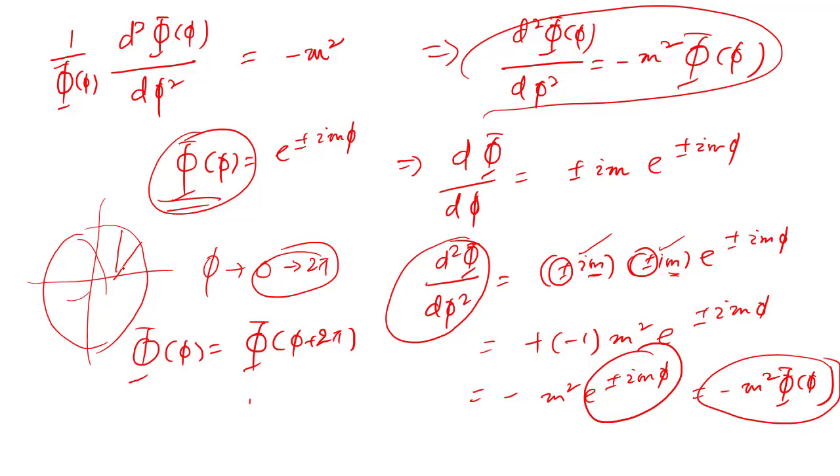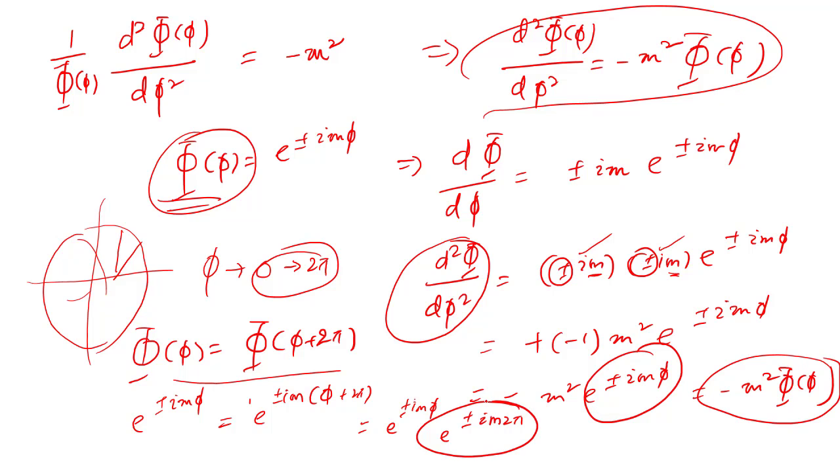But in general, if phi goes from 0 to 2 pi, that means e to the power plus or minus i m phi should equal e to the power plus or minus i m phi plus 2 pi, or that is e to the power plus or minus i m phi times e to the power plus or minus i m 2 pi. And this factor would be 1 only if m is an integer.